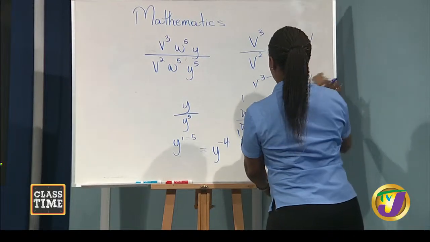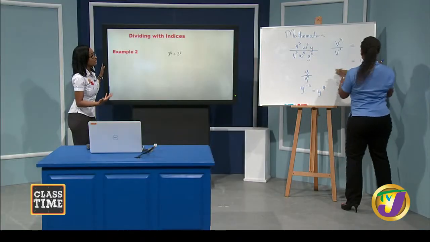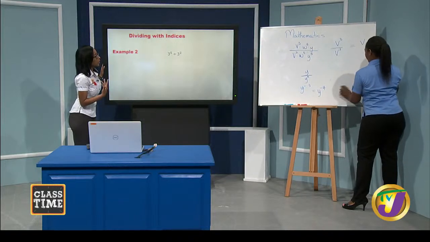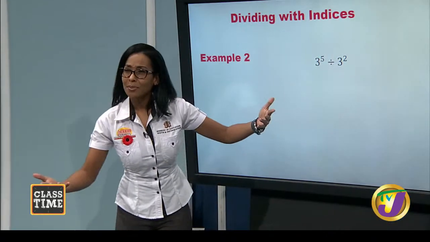Let's move ahead. We're looking at another example based on what we would have done earlier, where Tamika would have shared that she would have subtracted the powers, which is a short way, what I love to do. We have 3 raised to the 5th power divided by 3 raised to the 2nd power. Something very important to notice when we're doing indices is that both terms have the same base. You have 3 here and another 3 there. That's what I mean by same base.